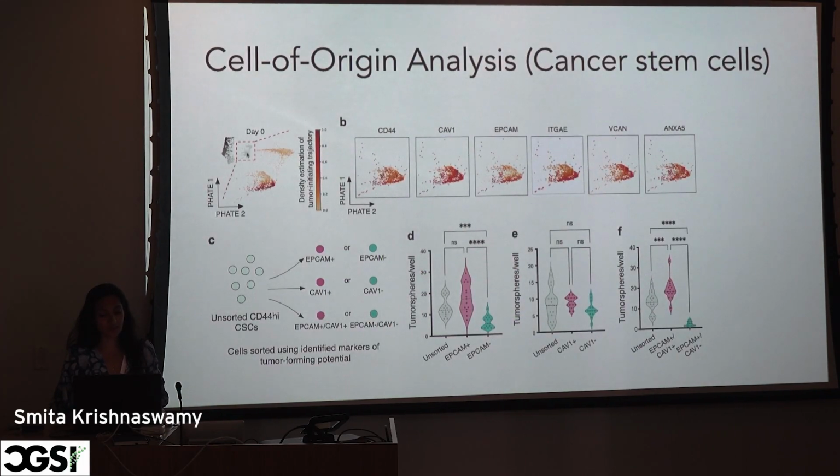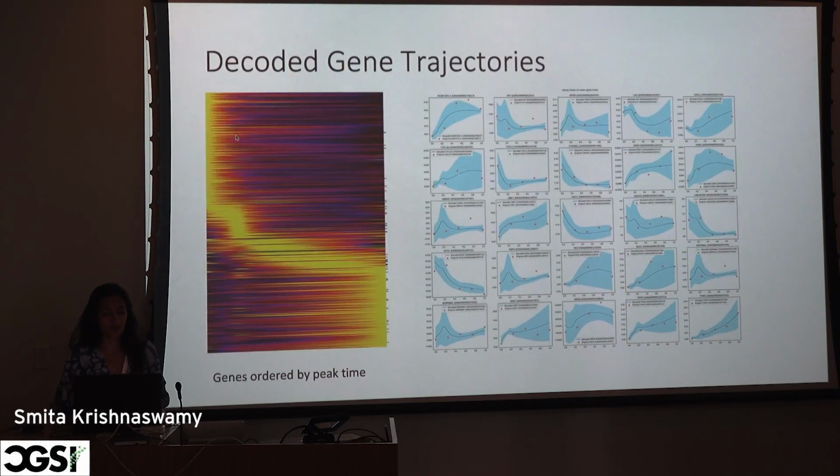At day 0, where do you start your trajectories? Some of the cells are dropped, and a lot of the cells start here. So you can do something called the cell of origin analysis. So after you do the cell of origin, you can also figure out how cells get from that origin to your cell fate specification.